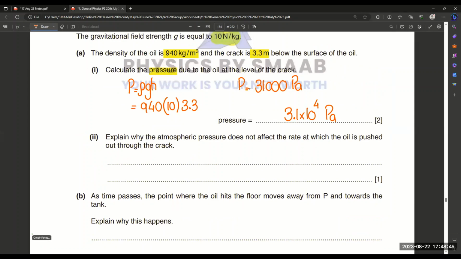If they mention a very clear difference in the height, like we are moving 1,000 meters away from the ground, then it will affect, right? But in this condition, we know 3.3 meters is a very short distance, so that will not cause a very big change in the whole process, right?